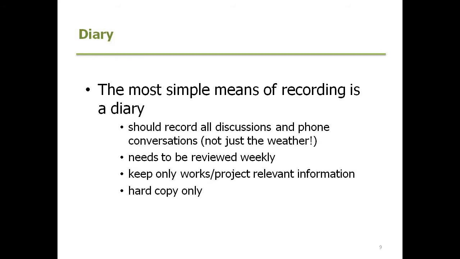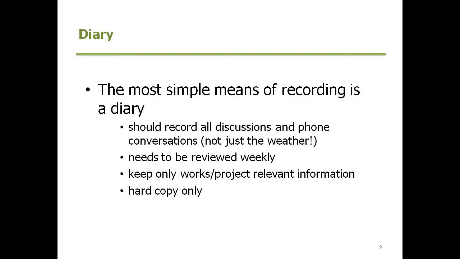My favourite in the contract administration process is the diary. Extremely important. I've made some points here that all records in the diary should be project related, and not just the weather and a few things that are nice to record, the type of things that are kept on social networking sites, but really keep them project based.